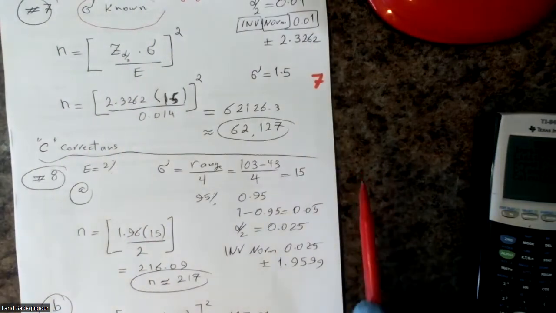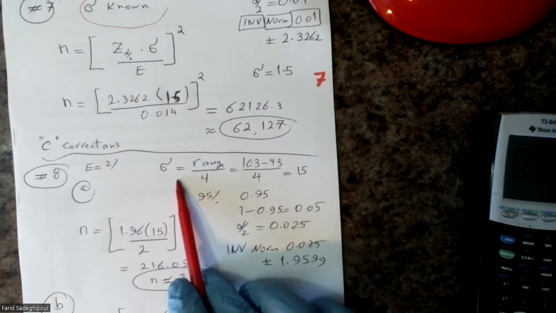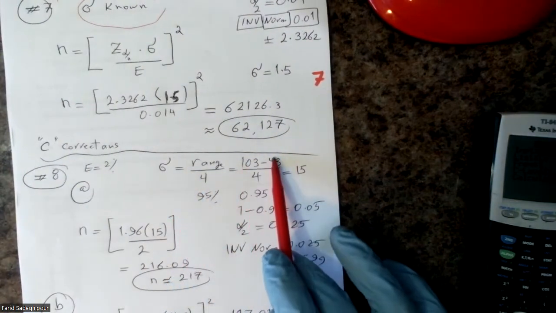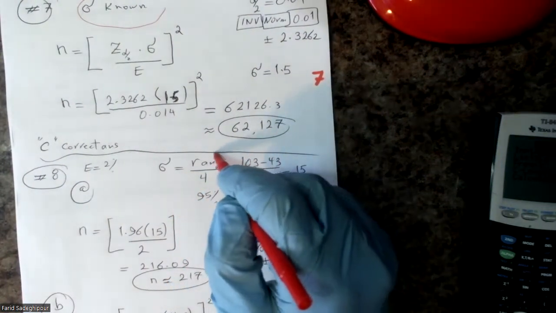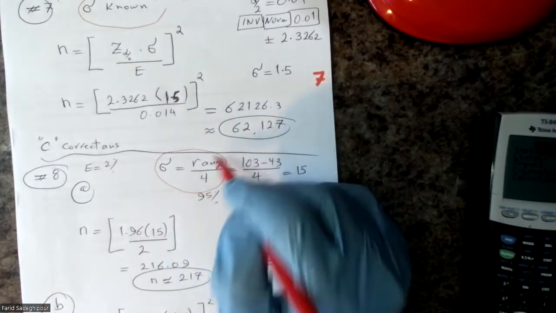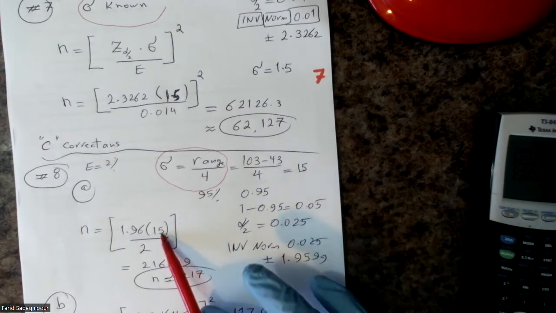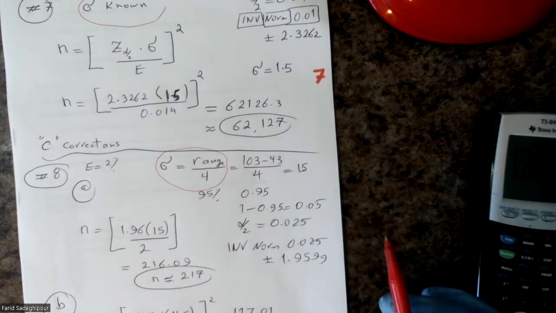So for that, if you want to find a standard deviation by rule of thumb, then you subtract these two numbers and divide. This is how to calculate a standard deviation by rule of thumb. When you calculate that, then you could put it in the formula.